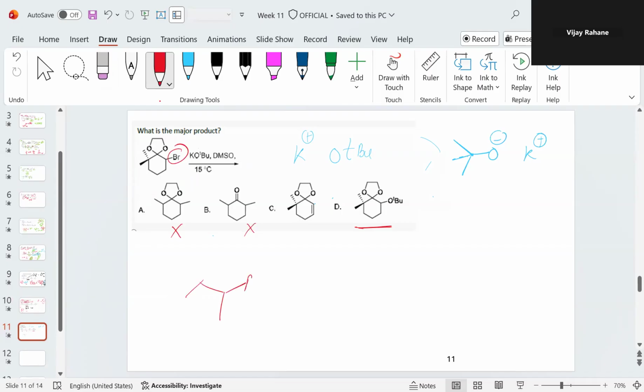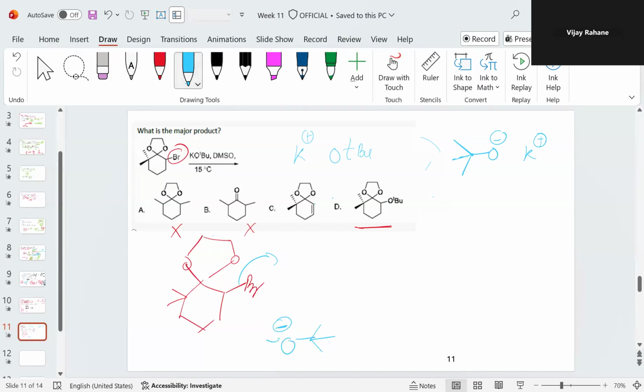We also need to think out of the box. We cannot simply do elimination on addition of these nucleophiles. In particular this group, the negatively charged oxygen.